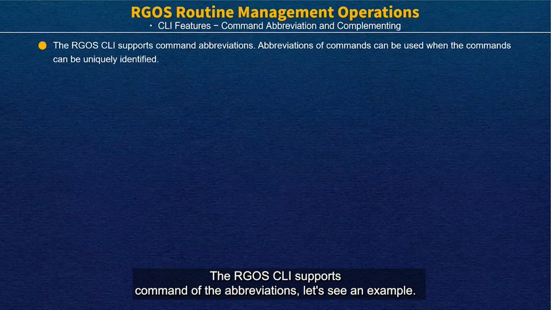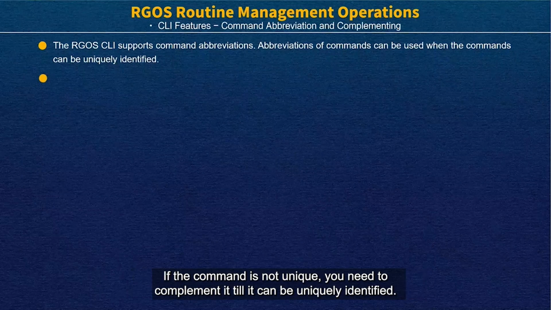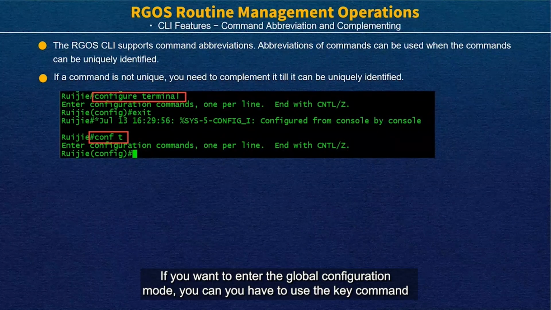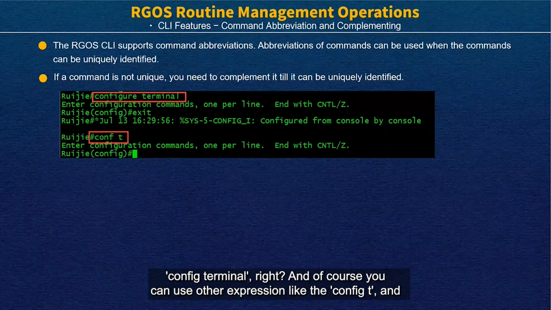The RGOS CLI supports abbreviations of commands. Let's see an example. If the command is not unique, you need to complete it till it can be uniquely identified. If you want to enter the global configuration mode, the key command is config terminal, right?